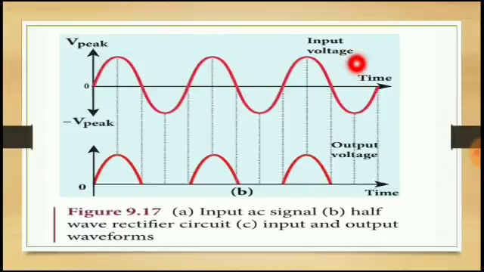In the output voltage, only the positive half cycles appear. So every positive half cycle gives the output. Okay students, we understand, right?